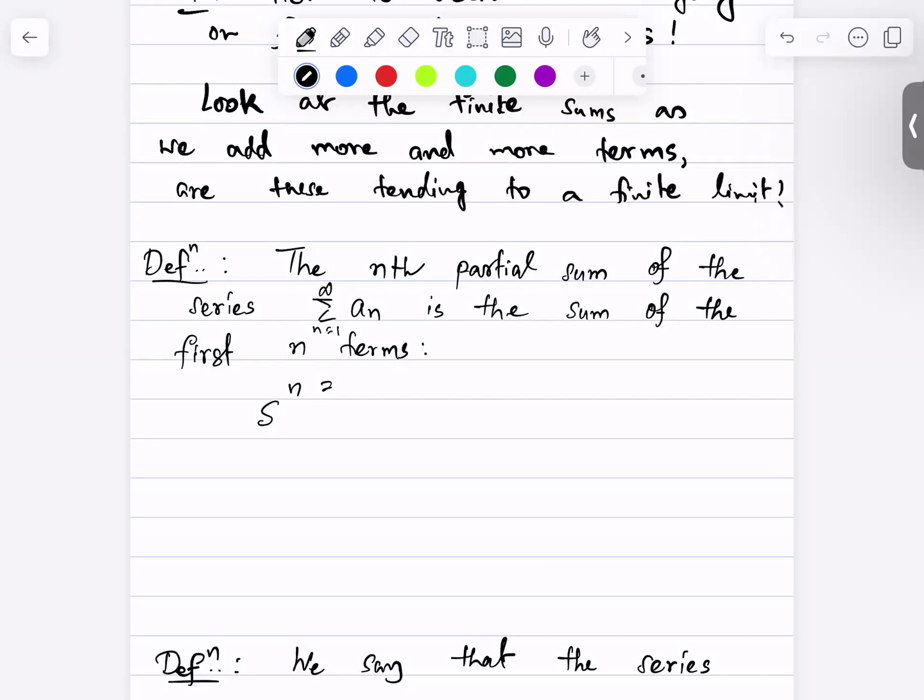That is one standard way to look at certain series.